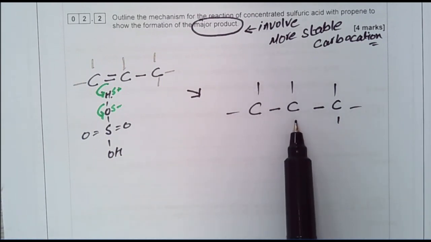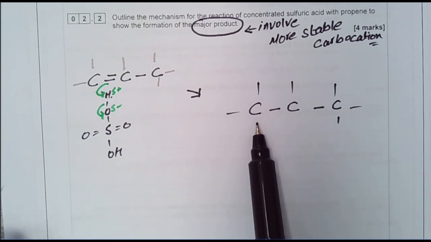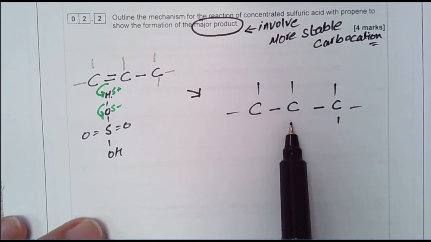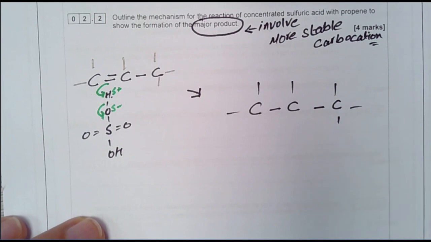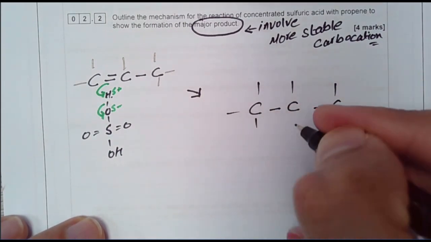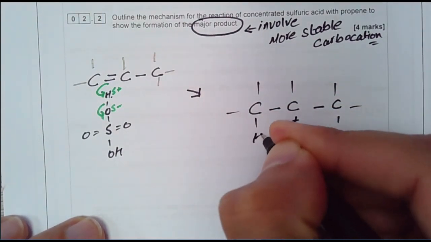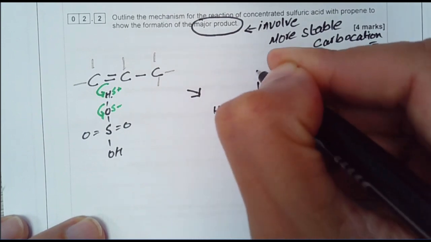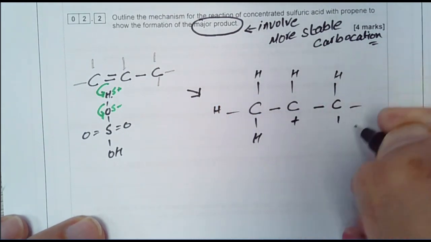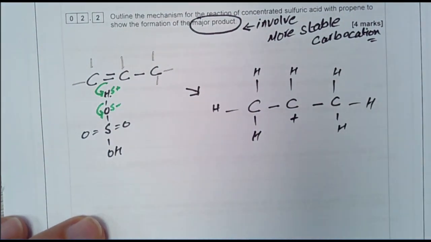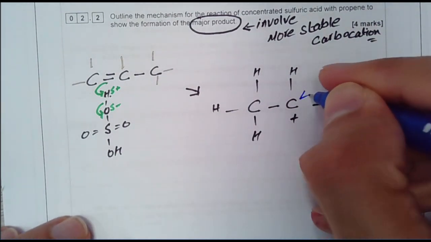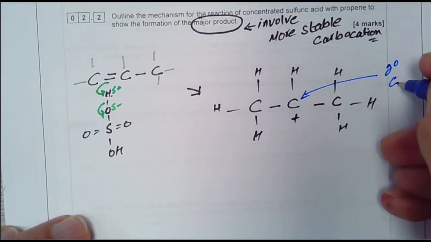If I put my positive here and attach hydrogen here, then it will become a secondary carbocation. So I'll have a hydrogen here and positive here. This is my secondary carbocation.